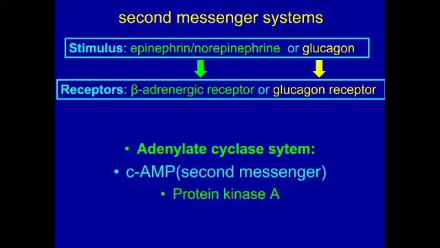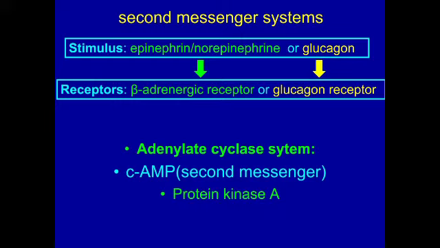Okay? But beyond the membrane, beyond the receptor, their actions are identical. So I want you to appreciate that this doesn't work that way. Glucagon cannot activate the beta-adrenergic receptor, nor can epinephrine activate this one.